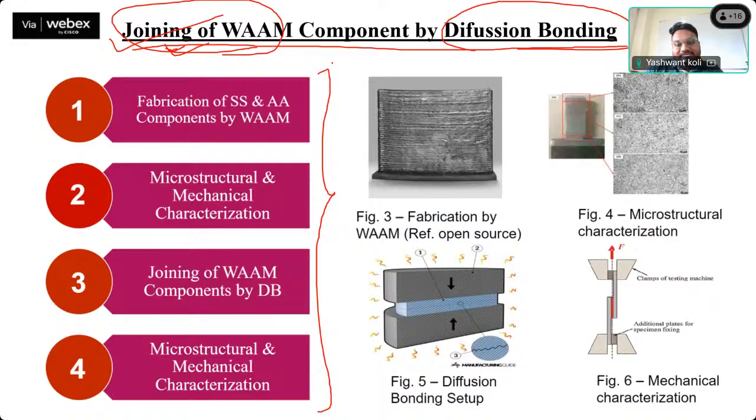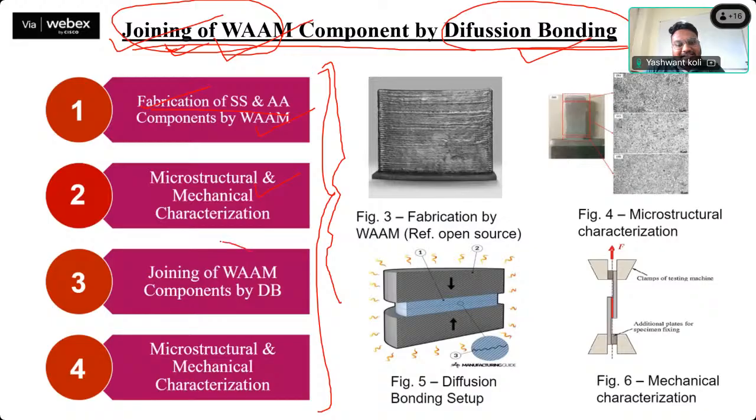So if researchers are willing to do this kind of research, you can do it by joining a WAM component by diffusion bonding. You have to first fabricate, like our student has done: stainless steel and aluminum alloy WAM components, then microstructure and characterization of the single wall structure.